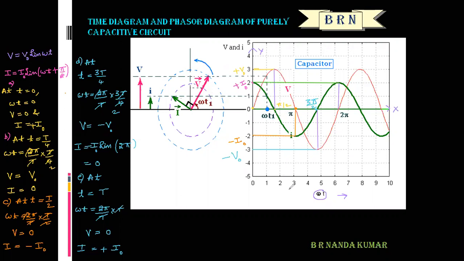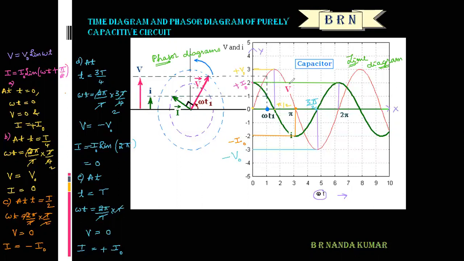What is this? This is the time diagram, a diagram which represents time varying current and time varying voltage. Okay, so this is the phasor diagram. What is the meaning of phasors?